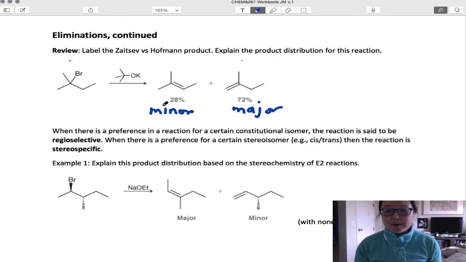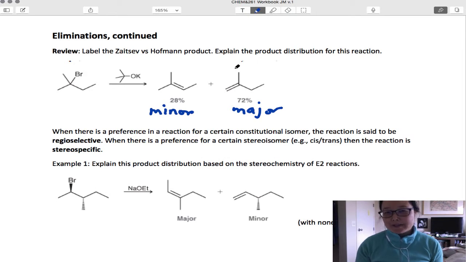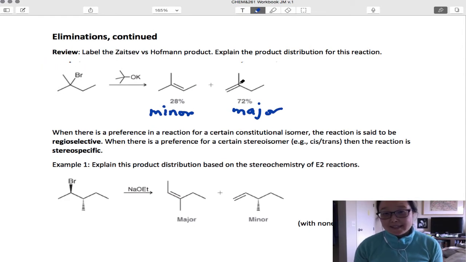So first, take a moment and ask yourself, is this SN1, SN2, E1, or E2? Is it elimination or substitution? If you look, we're forming alkenes, so it's definitely elimination. And then in terms of E1 versus E2, we look at the base. And this base is a strong base, so that means we're going to have E2.